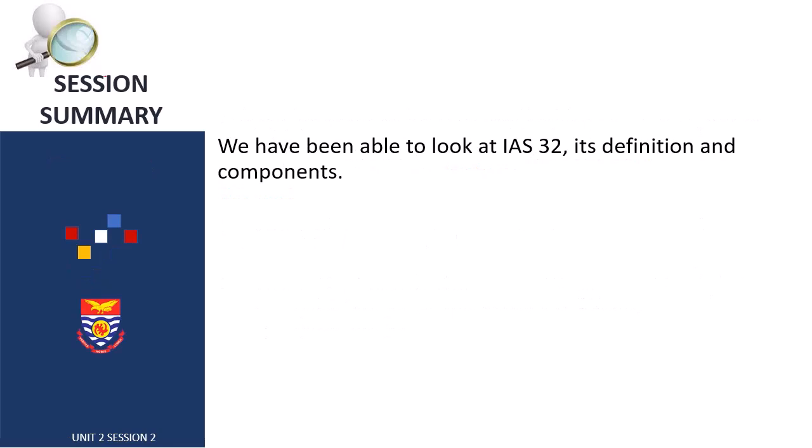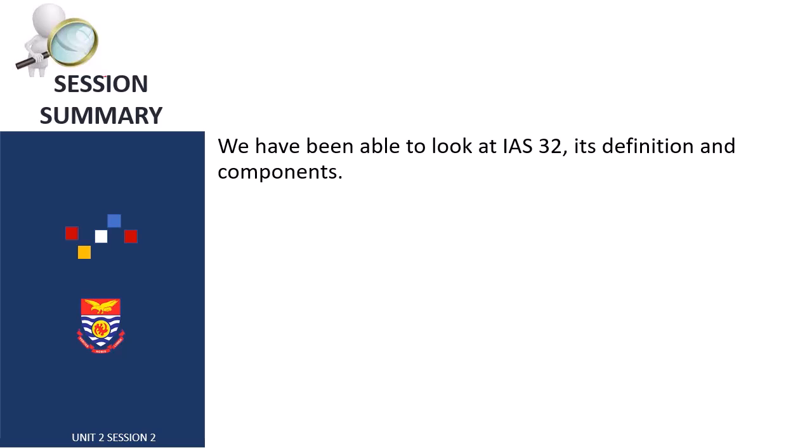So throughout this session, we've been able to look at IAS 32, its definition and components, and in the subsequent sessions, we'll still look at the other aspects in accounting for financial instruments.